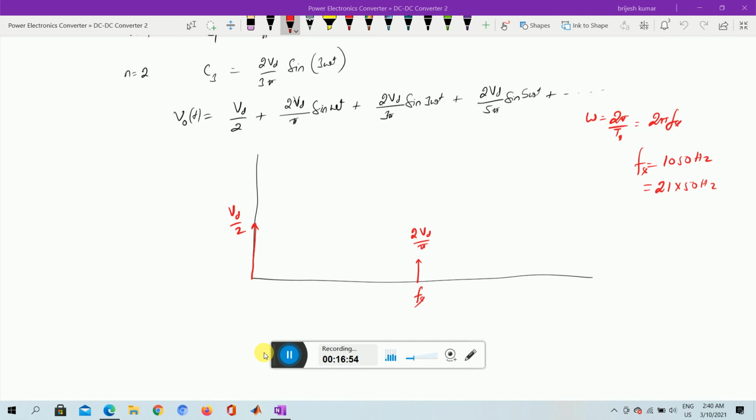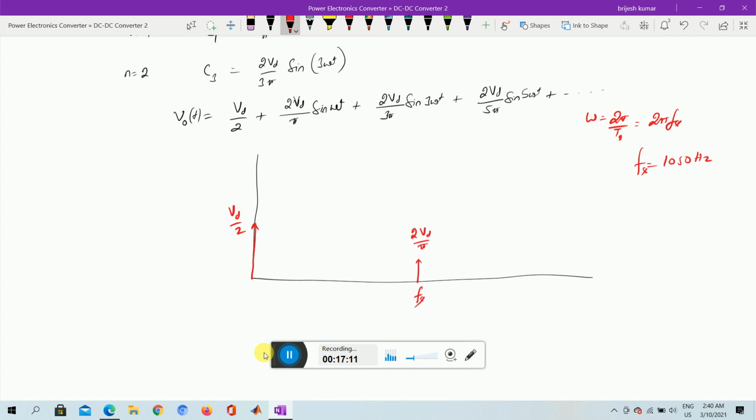So we can think how the switching frequency is 21 times the fundamental frequency. We have to write it like this, that the switching frequency is 1050 Hz. So at the switching frequency we are getting 2 Vd by pi.